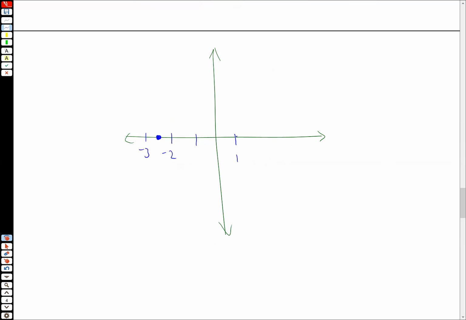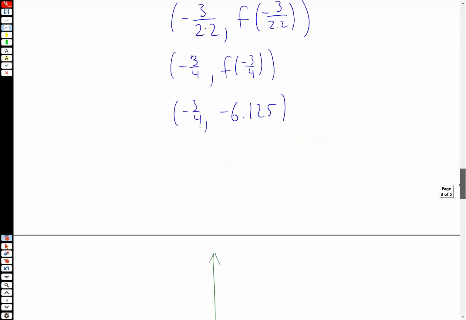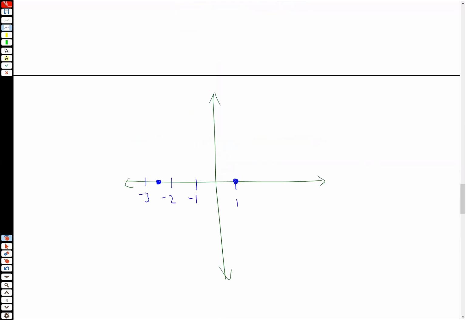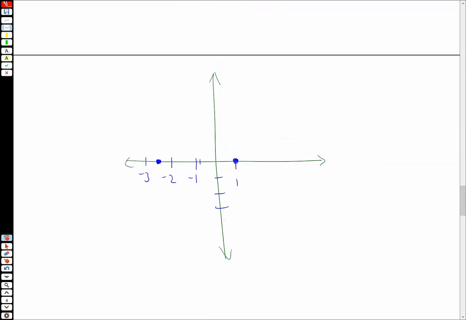So right there, smack dab in the middle. And then our vertex is at -3/4, -6.125. Okay, so -3/4 is about right here. And then let's say -6.125, -1, -2, -3, -4, -5, -6. So let's say it's about right here-ish.